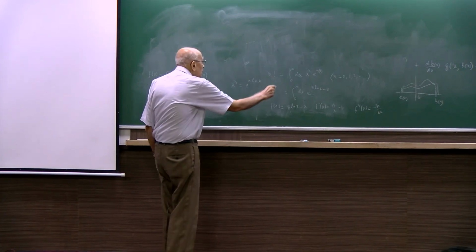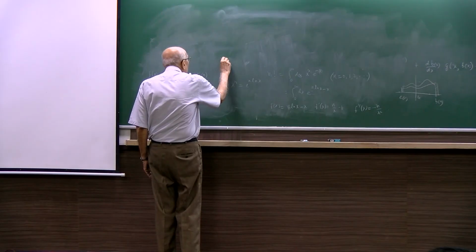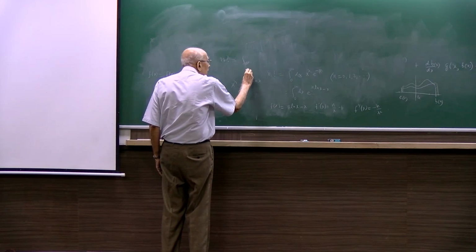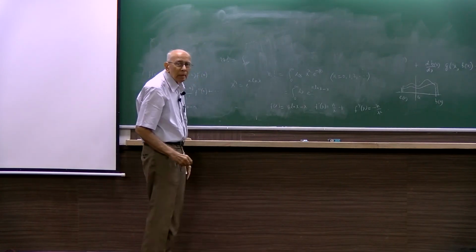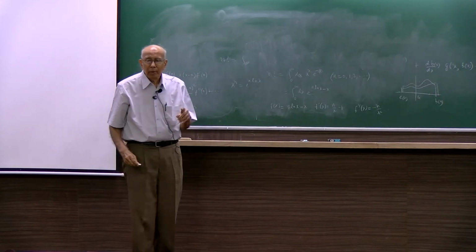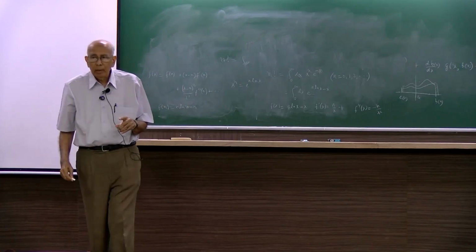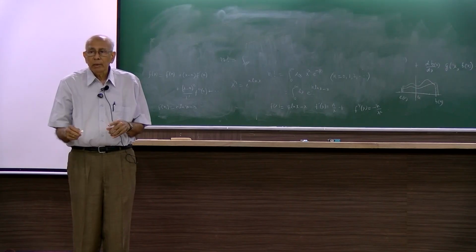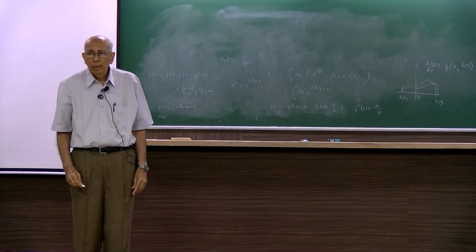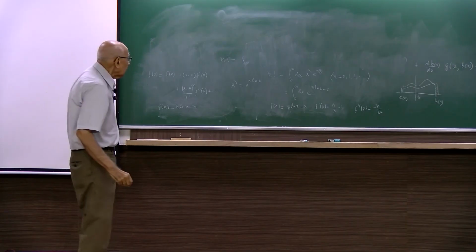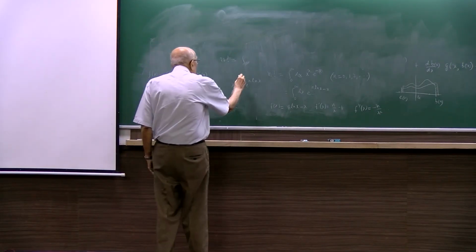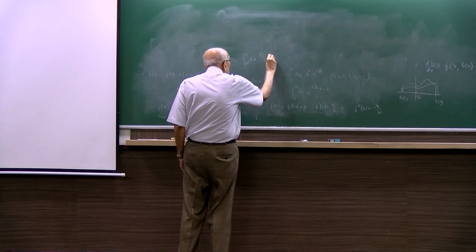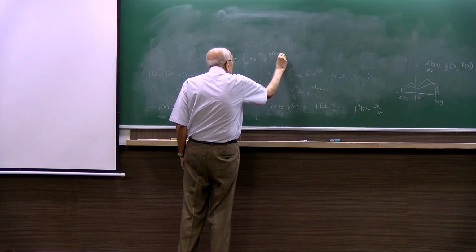Alright, so let's put that in here and write n factorial equal to the integral. I have e to the power f of x, and I see that f of x is dominated by its behavior near the maximum, near x equal to n. So I'm going to do a Taylor expansion about the point x equal to n. The first term is just f of n. So this is the integral from 0 to infinity dx e to the power n log n minus n.